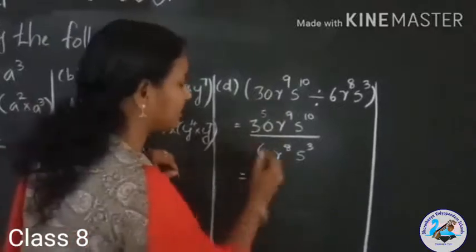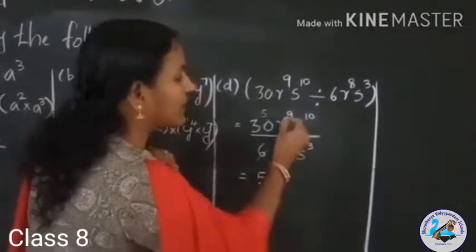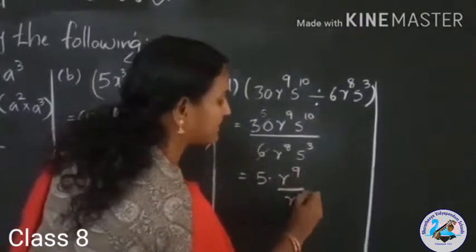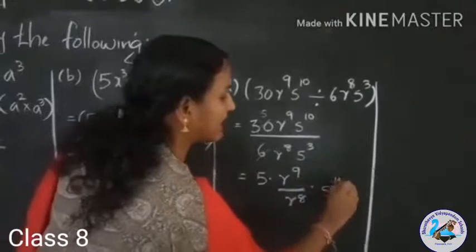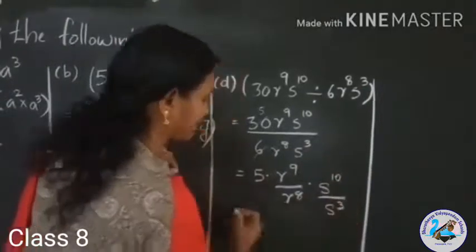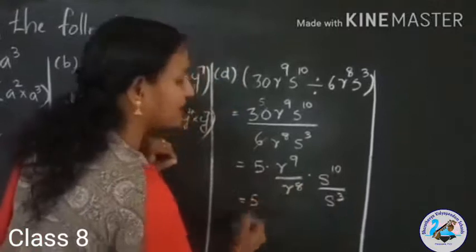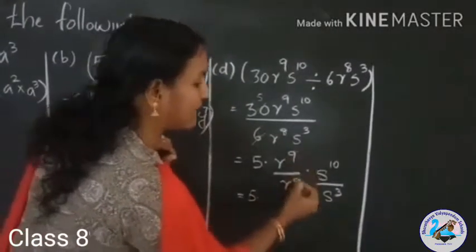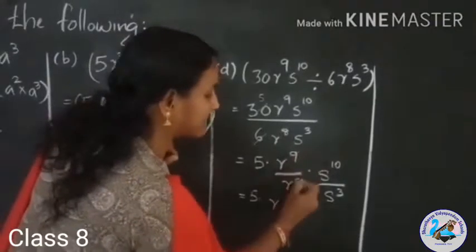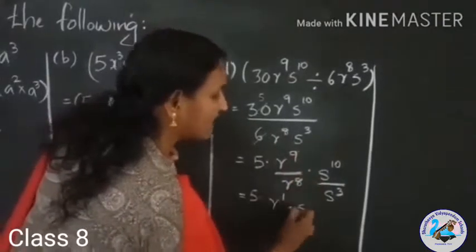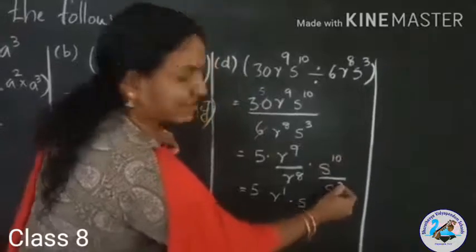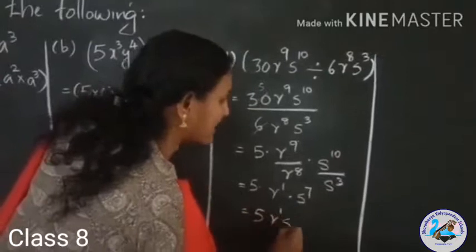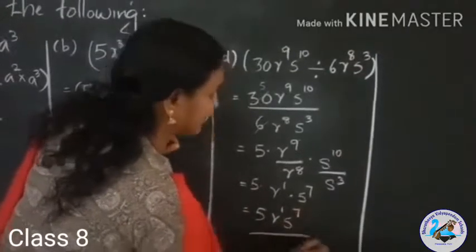So it is 5 into r raised to 9 divided by r raised to 8, into x raised to 10 divided by x cube. a power m divided by a power n is a power m minus n. So r raised to 9 minus 8 is 1, and x raised to 10 minus 3 is 7. The answer is 5 r raised to 1, x raised to 7.